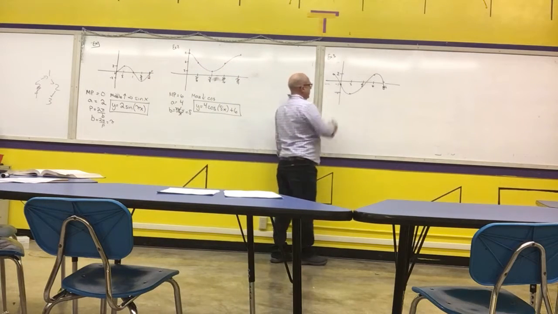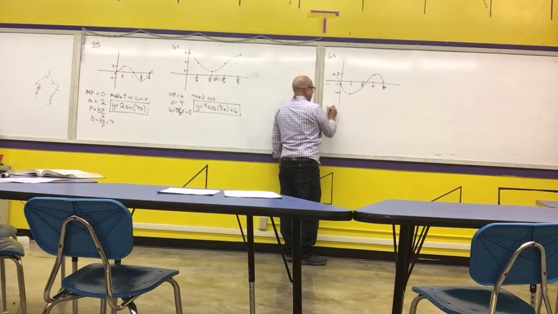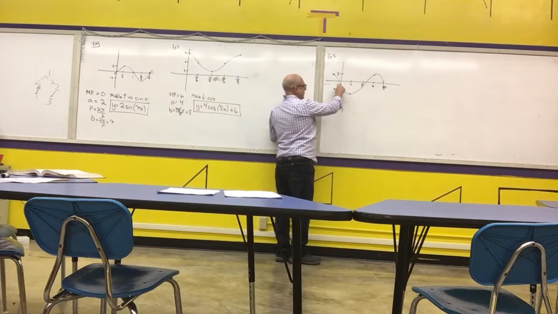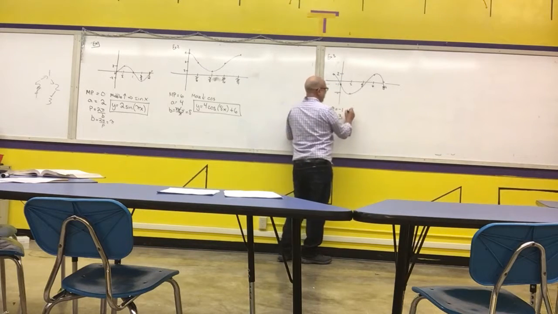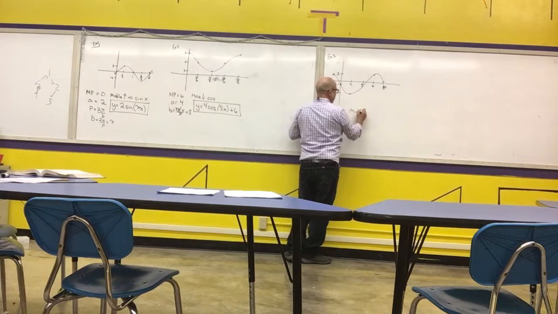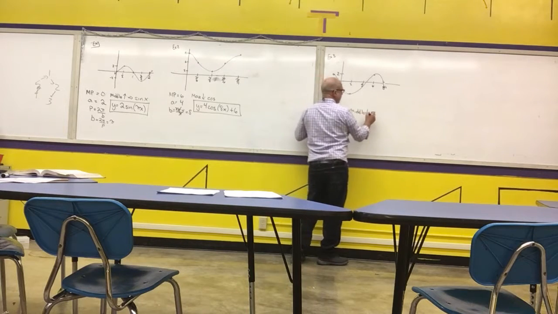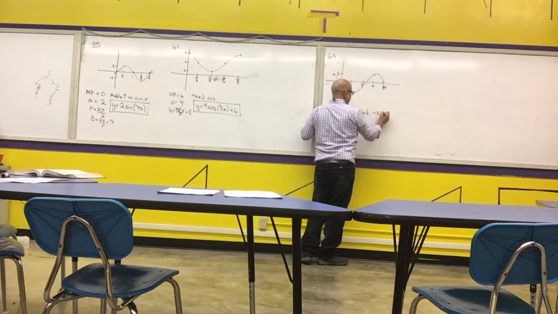The graph point is at -1. Its amplitude is the distance between -1 and 2, which is 3. This one starts at the middle, going down. So this is a negative sine function.